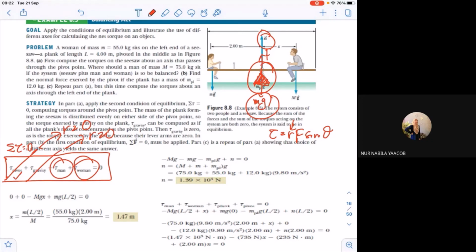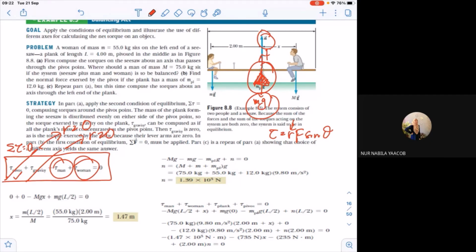What happened to the torque of the man? The torque of the man is going to be to the bottom, and the torque of the woman also to the bottom. But if you look carefully, why will the man and woman have positive or negative?